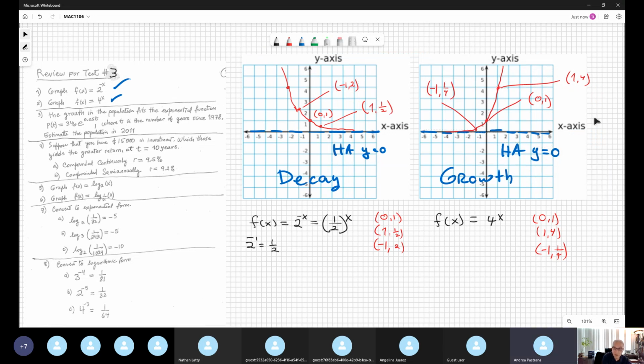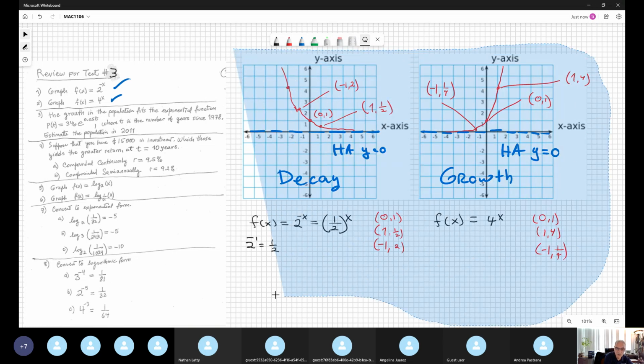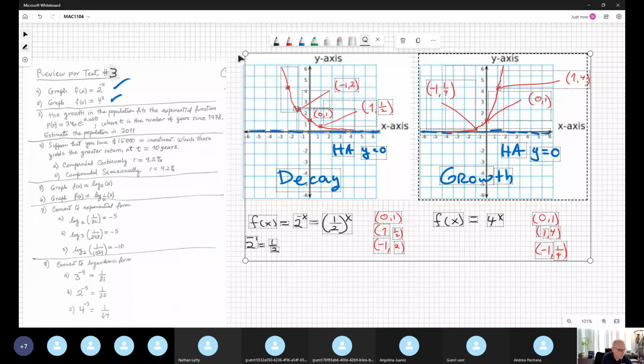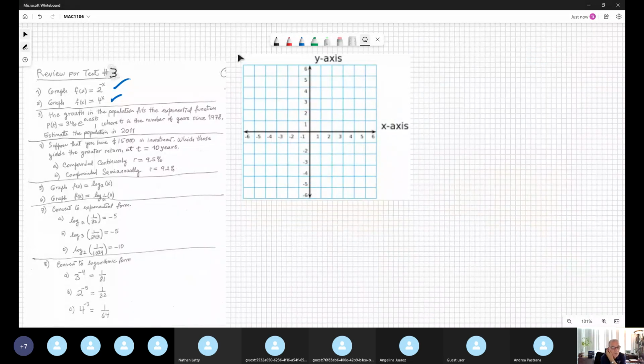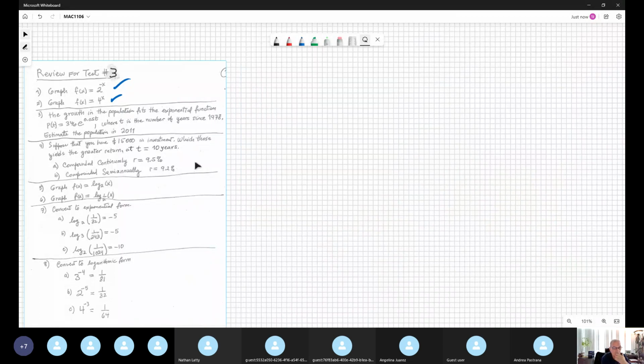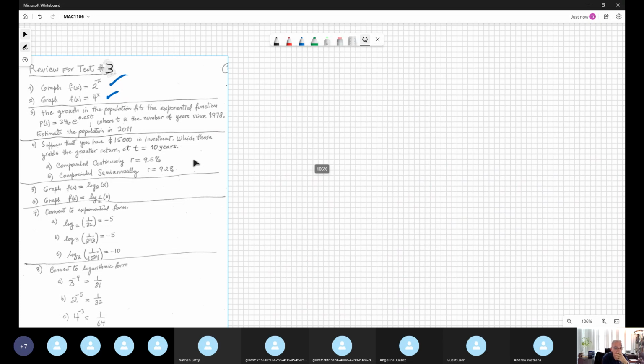Okay, let me try to erase the board, at least that part of the graph. Okay, delete. Oh, the graph is also deleted. Let's focus on question 3, because 3 and 4 are word problems.